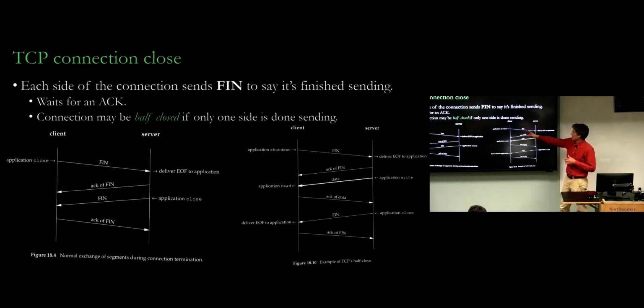So let's say the client made a request and it's done, it sends FIN, the server can acknowledge that, but it can still send data back, like it's still sending back HTML, and the client still has to acknowledge that data, because even though it closed the connection and the close was acknowledged, only one direction was closed. And then finally the server can close the connection, and that should be acknowledged as well. So this is a half-closed connection.